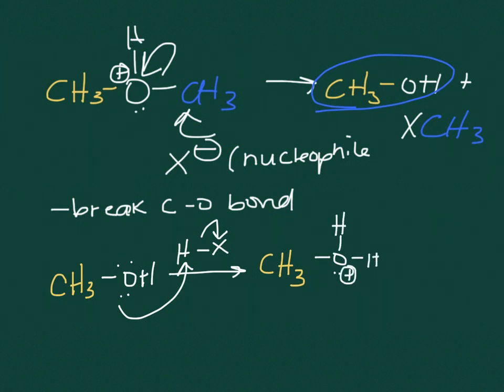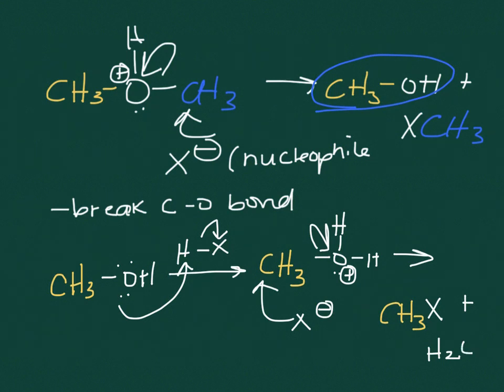This protonation makes the carbon more electrophilic, can be attacked by the alkyl halide, and then you get your second alkyl halide plus water as your other product.